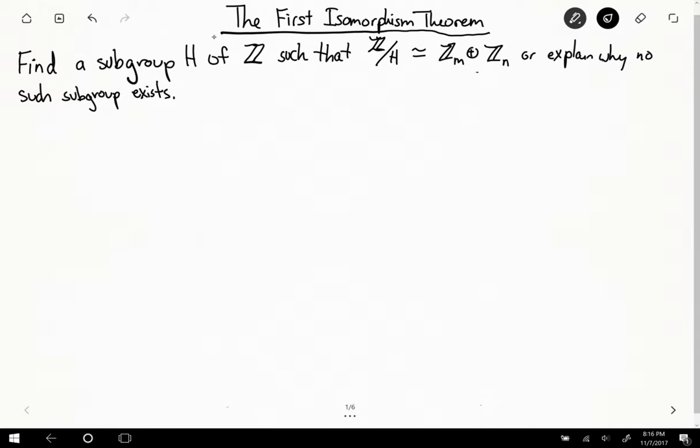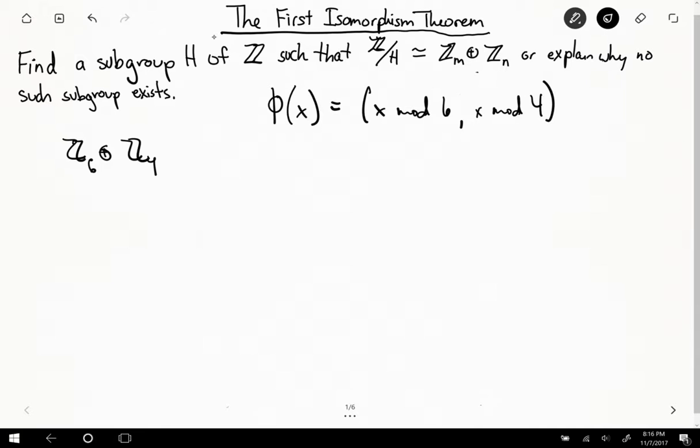For example, let's say we were mapping into, say, Z6 and Z4. Does the same work? Let's look at the kernel first. If we did the same thing where phi of x is equal to x mod 6 and x mod 4, what is the kernel of phi in that case?